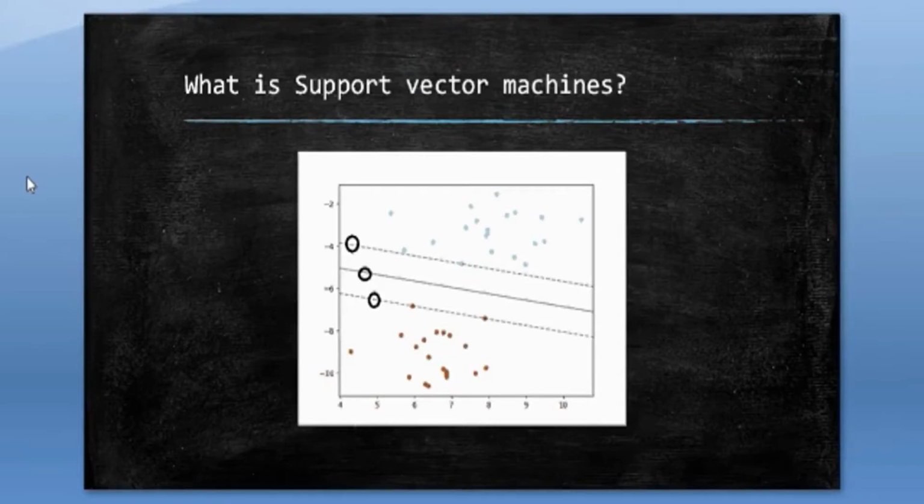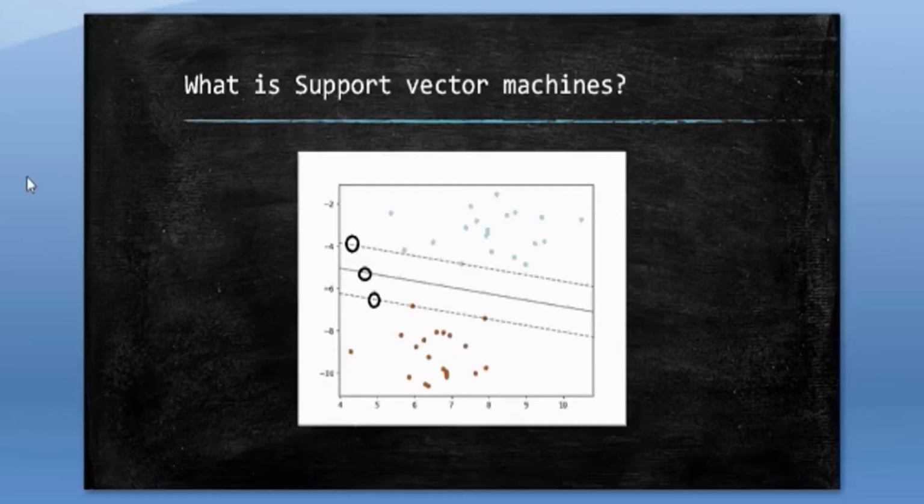But here we talk about classification. So when we look here, we have plotted two different classes of anything.